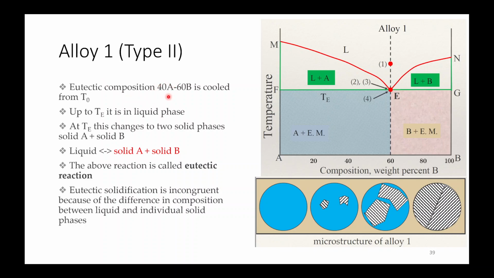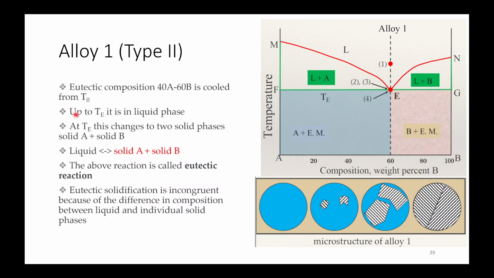In this case 40A, 60B is cooled from T0 up to TE. TE is your eutectic temperature. Up to this there will be only liquid existing. After this there will be formation of this eutectic type of nucleus.